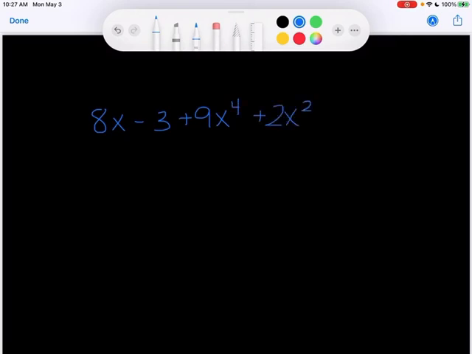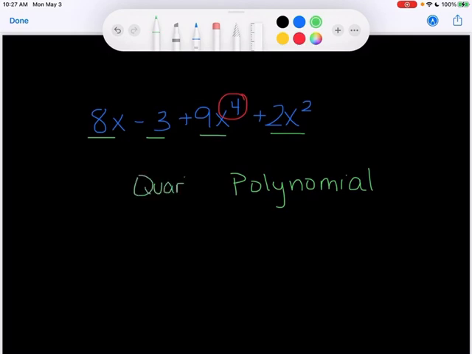Well, there are 4 terms here. So 4 terms, remember anything above 3 terms, we just say polynomial. So that's by the number of terms, and then we have to find the degree, which is the highest exponent. In this case, 4 is the highest exponent. And when it's got a degree of 4, that's quartic. So this is a quartic polynomial.